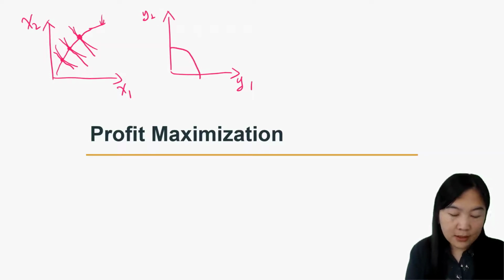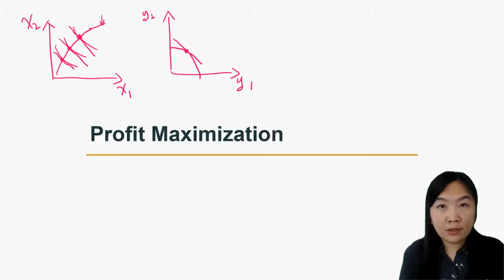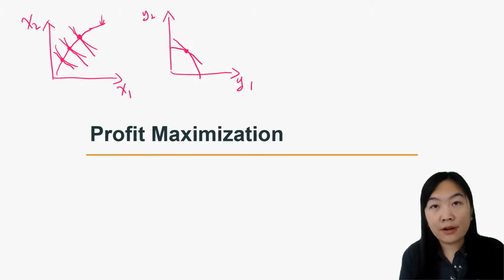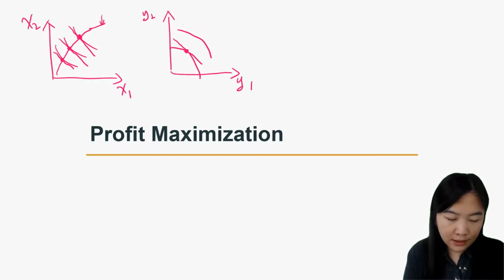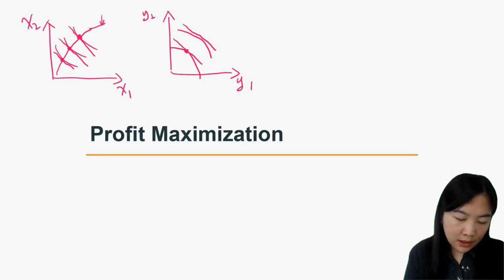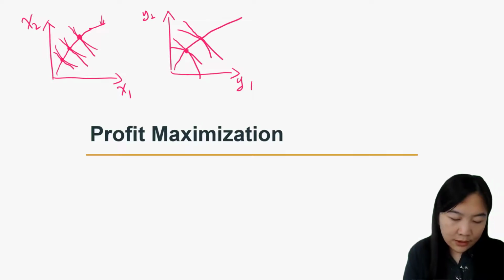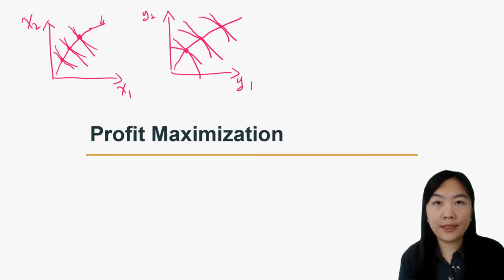We have this product transformation curve, and we find the points where the product transformation curve and the iso-revenue line are tangent to each other. That's one point of revenue maximization. And we find another curve and another tangent point. And we connect all those points, that's our output expansion path.